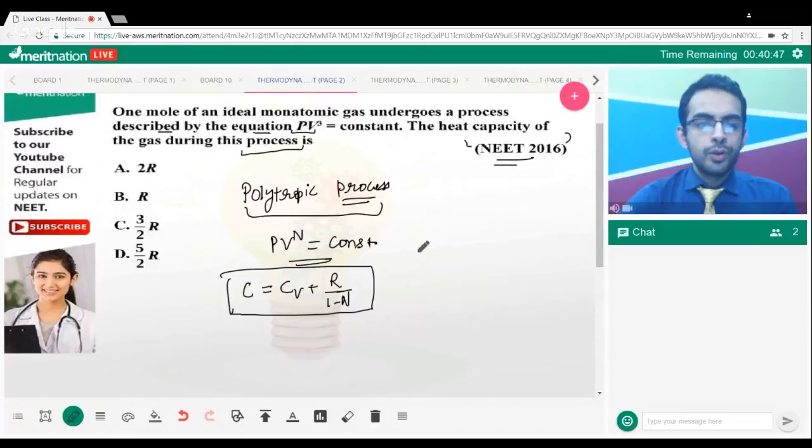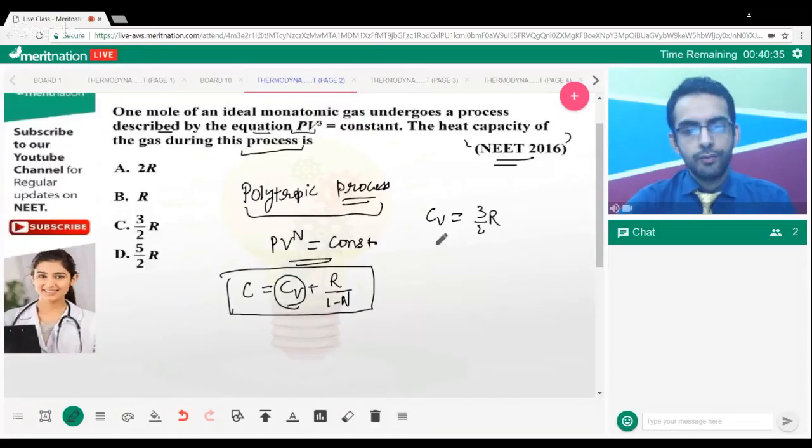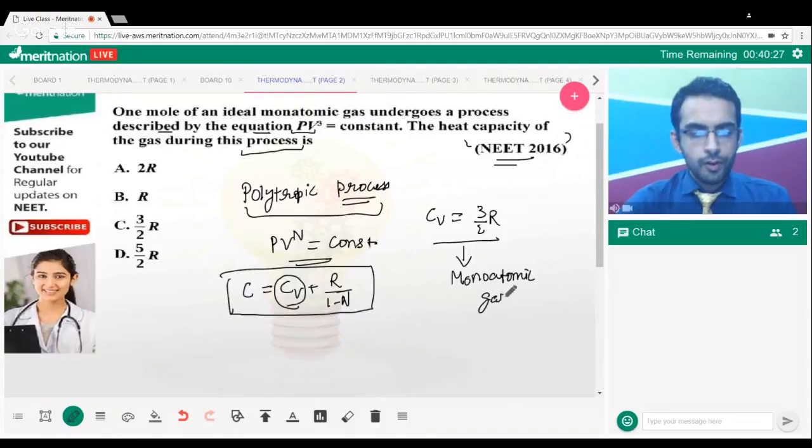Now in this question, what is the value of CV? CV for monatomic gas is equal to 3 by 2 into R. And in this question, N is equal to 3.